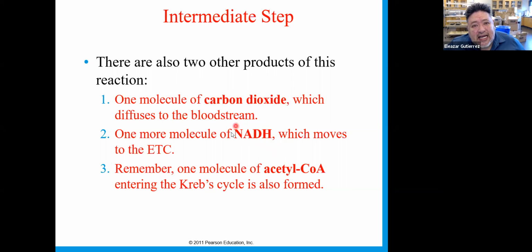Anytime that you see NADH, people, you should think in your mind, high energy electrons. In other words, energy, okay? Anytime that you see carbon dioxide, you should think to yourself, no more energy. All the energy has been harvested from the carbon. Because remember, we've made the argument in the past that the energy in food is in the carbon-carbon bond, okay?